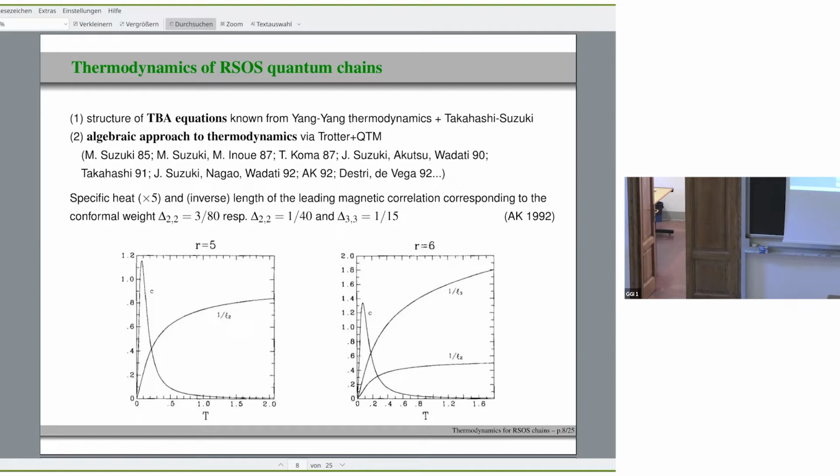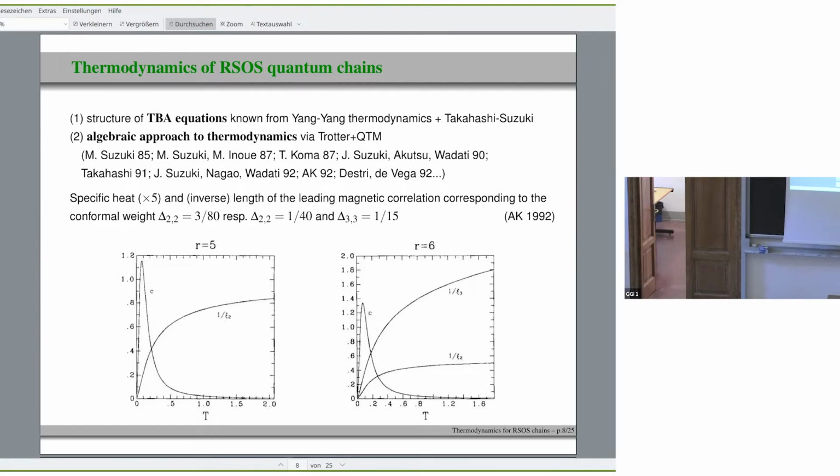One can do thermodynamics by a completely algebraic approach, as I mentioned before, via Trotter and the quantum transfer matrix. There's a lot of literature on that. And there, the TBA equations appear by these identities arising from fusion of transfer matrices.